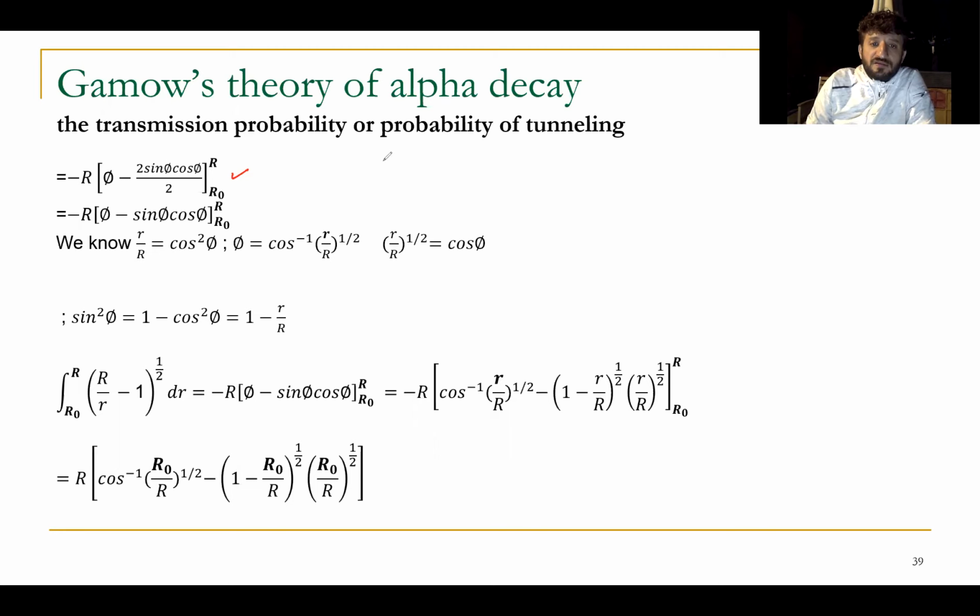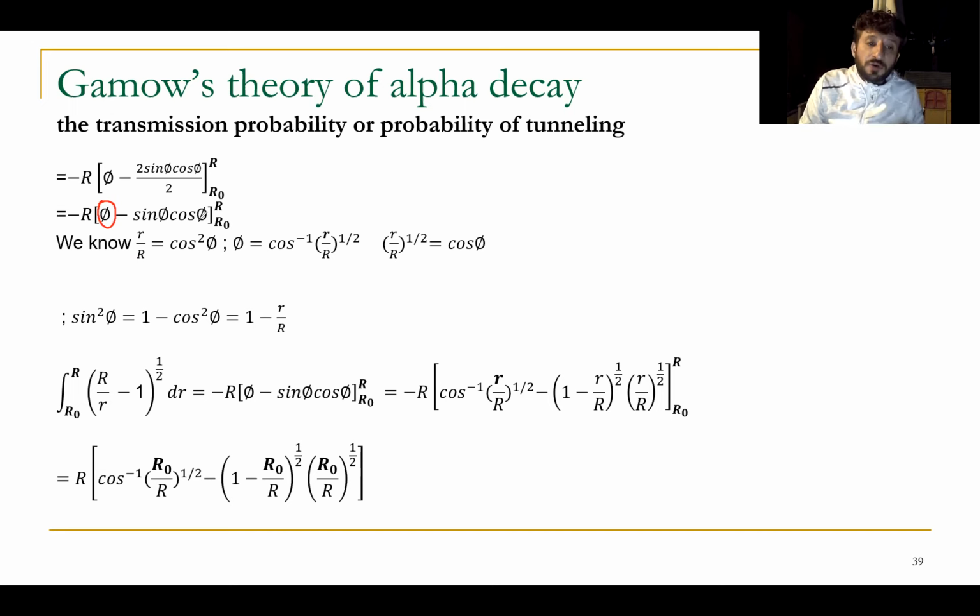Okay, sine 2 phi equals 2 sine phi cosine phi divided by 2. We can eliminate 2 and 2 to get finally this one. Now we come back to the assumption small r divided by capital R equals cosine square phi. So I want to put phi by its value, sine phi and cosine phi.